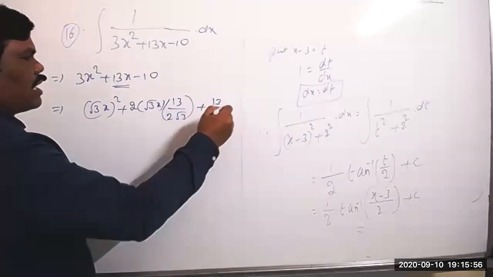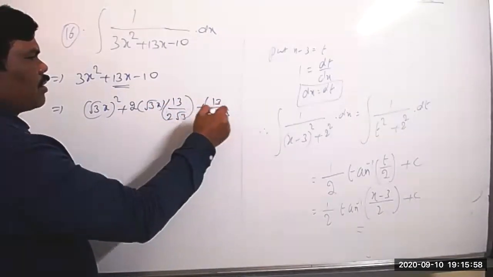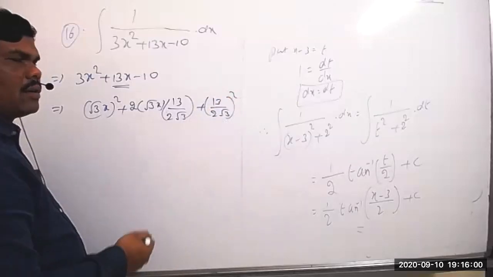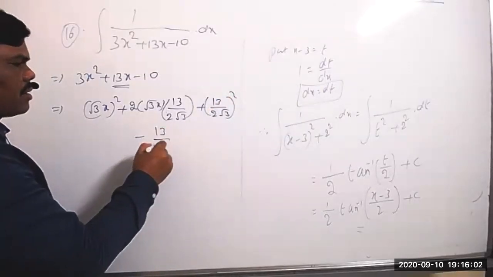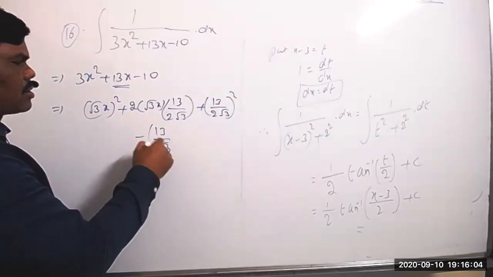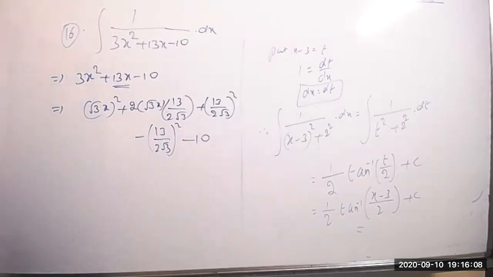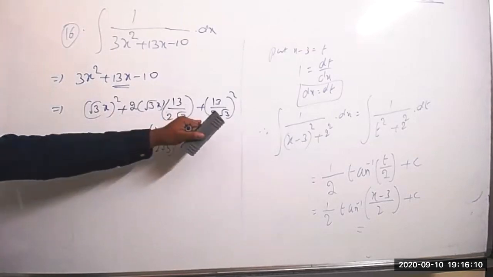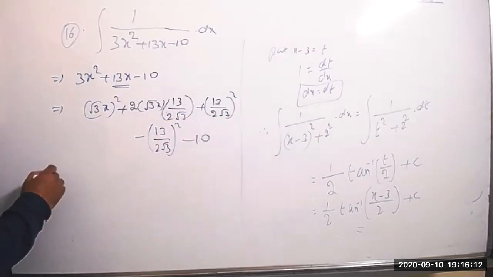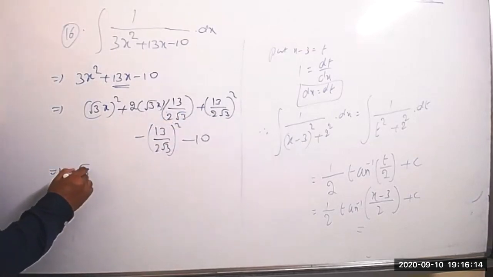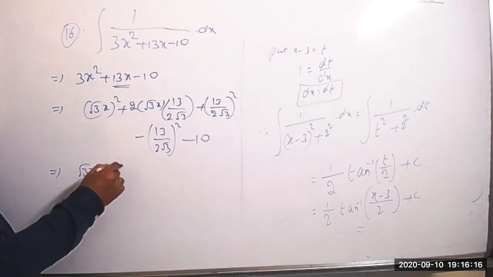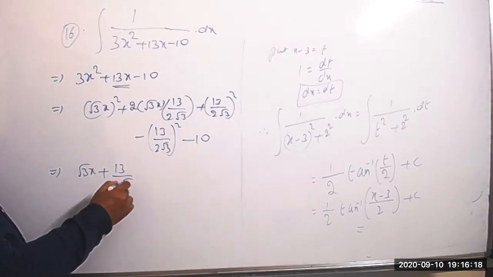Plus 13 by 2 root 3 whole square, minus 13 by 2 root 3 whole square, minus 10. So if taken from here to here, we are saying it is (a plus b) whole square, where a equals root 3x and b equals 13 by 2 root 3.